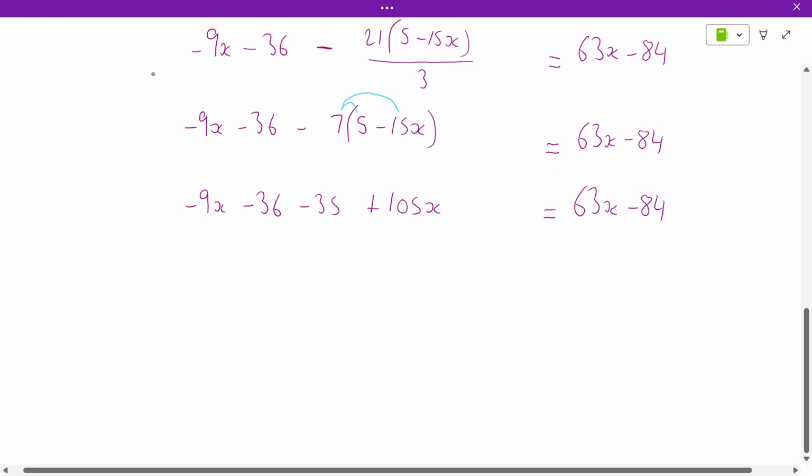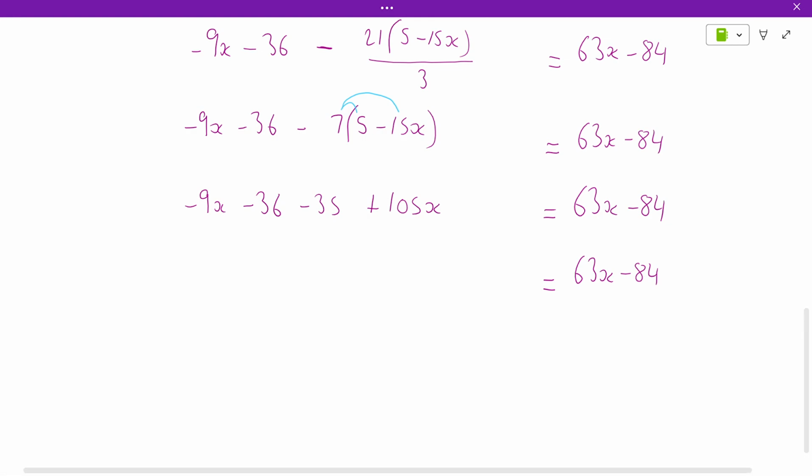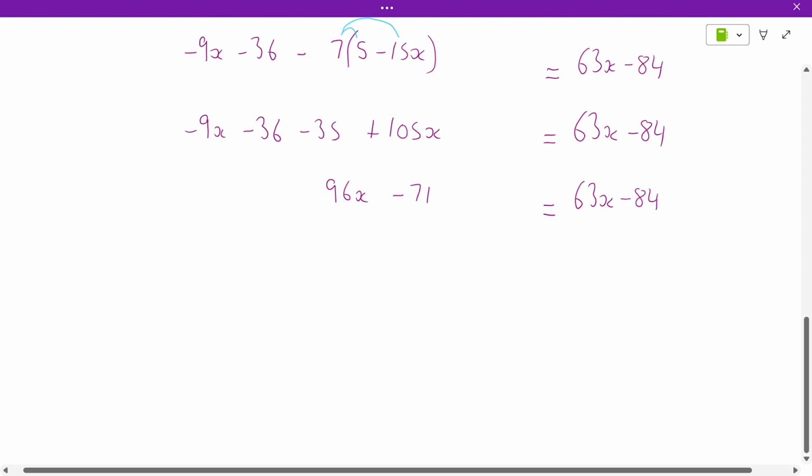Okay, now this is starting to become more simple, so it's basically just a matter of grouping together some like terms. Right hand side stays as it is, 63x minus 84. Left hand side, let's look at some like terms. So negative 9 plus 105 is 96x. Negative 36 minus 35 is negative 71.